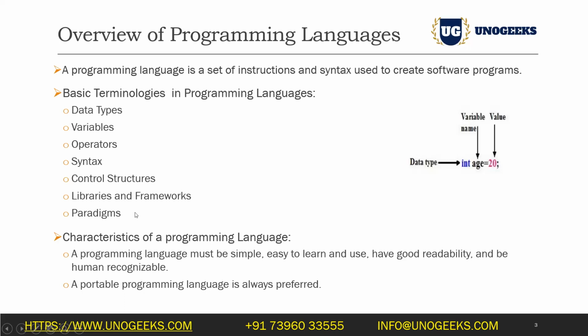Now, what are the characteristics of a programming language? Again, a programming language should be simple, correct, easy to learn and use. Readability should be there, and humans can recognize it. This is the most important thing that a developer wants to have.